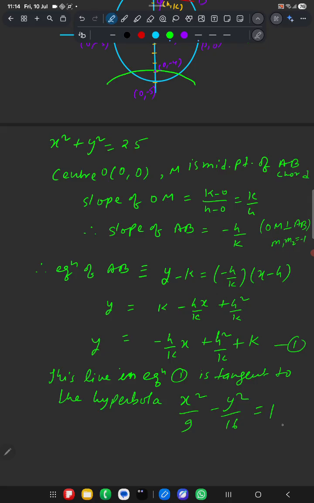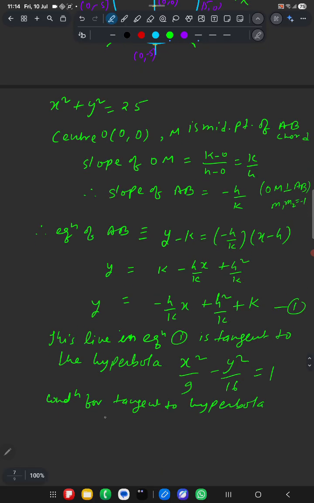Okay, so the condition for tangent to the hyperbola. Do you know the condition for a line to be tangent to a hyperbola? That is c squared equal to a squared into m squared minus b squared.